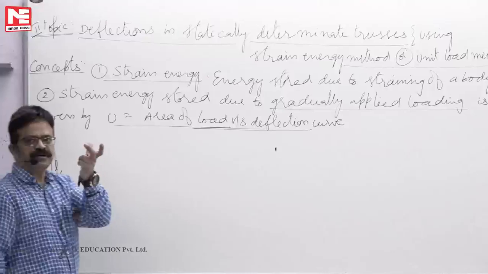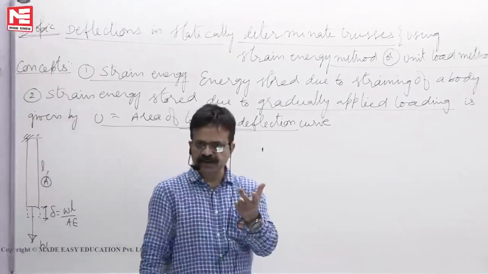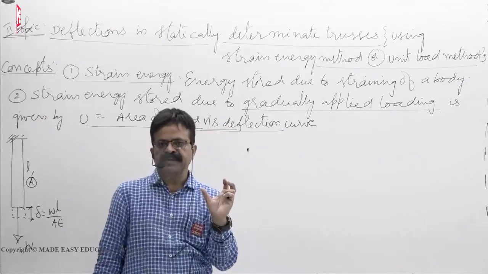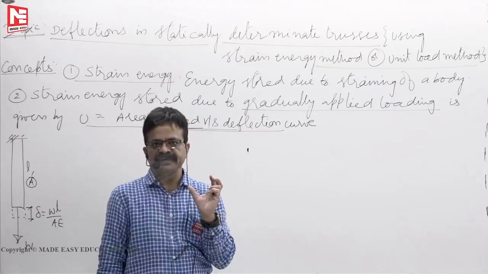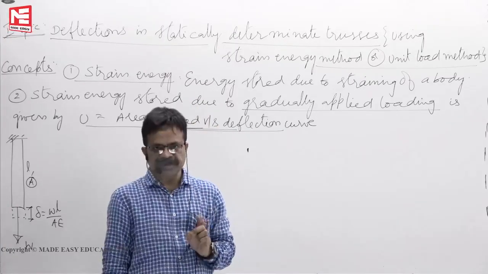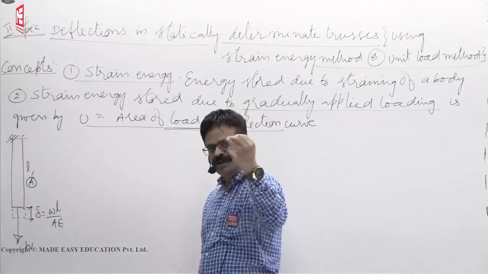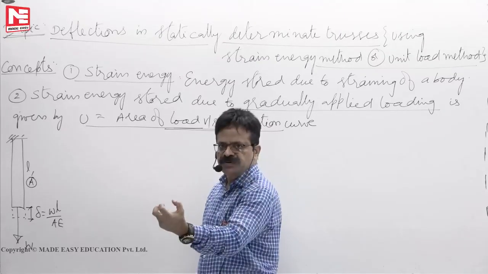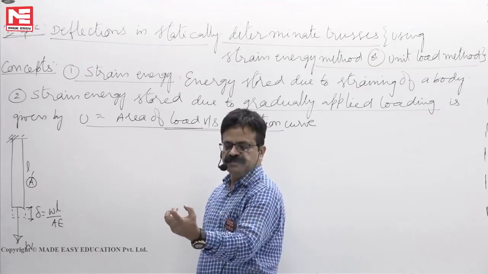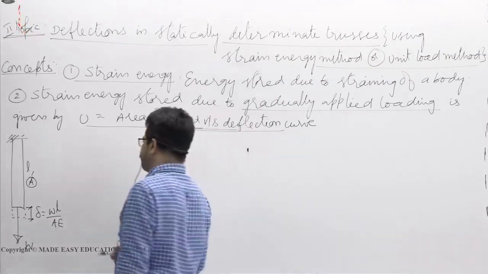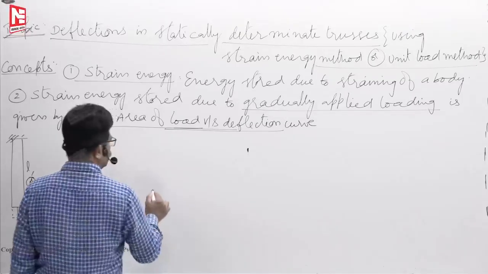That means the applied load W, applied gradually from 0 to W, comes down by an amount WL by AE, which is also equal to the elongation in the member. By the same amount, W also will come down. So delta is equal to WL by AE.